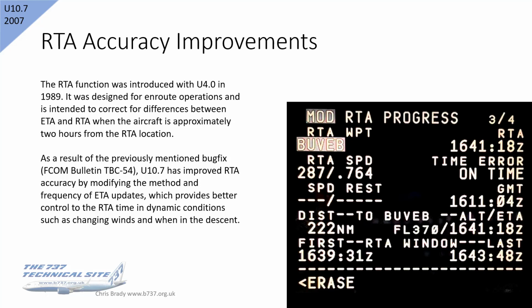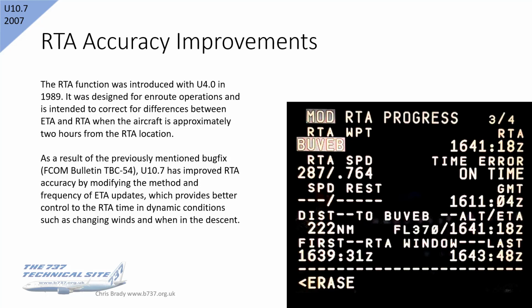This is when you check in with a new frequency, and they're saying you've got an EAT of such and such. If you can cross a certain waypoint at, or arrange to not cross a certain waypoint before, a certain time, you only get this information about 15 minutes out. So you will use the RTA function, but it was never quite designed for that.